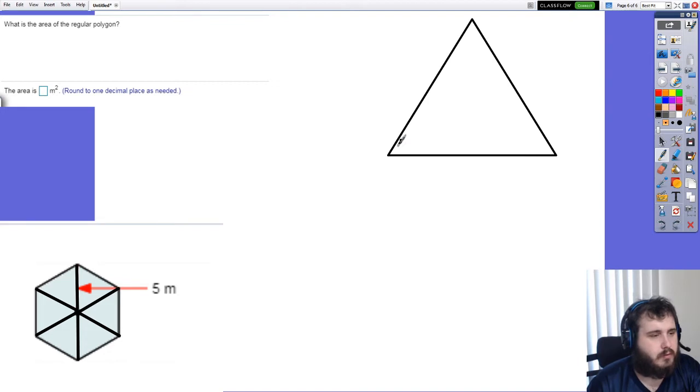Why this is important is because since this is 5, well, all these are 5, right? 5 meters, 5 meters, and 5 meters.